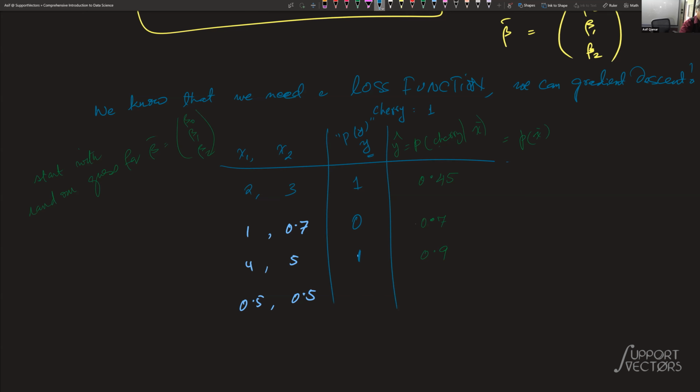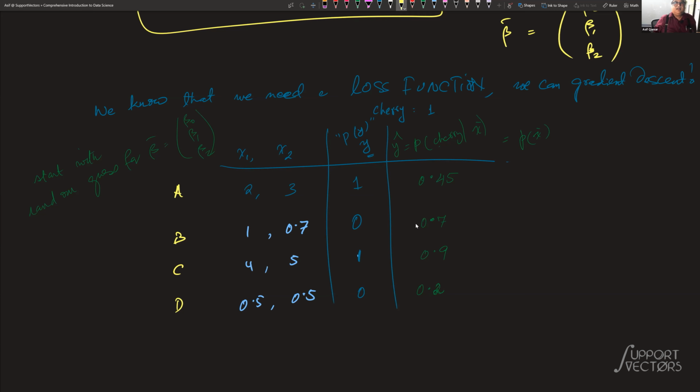This we happen to know is a blueberry, not a cherry, and our machine is telling us that the probability that it is a cherry is 0.2, right? So now let's look at these 4 data points and see how we can reconstruct some sort of a loss function for it.